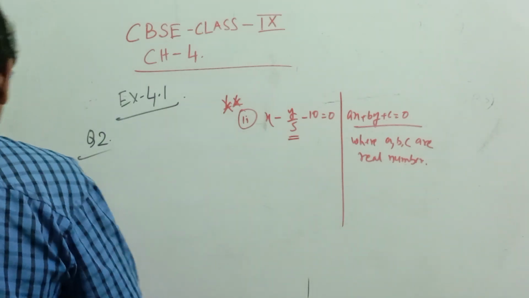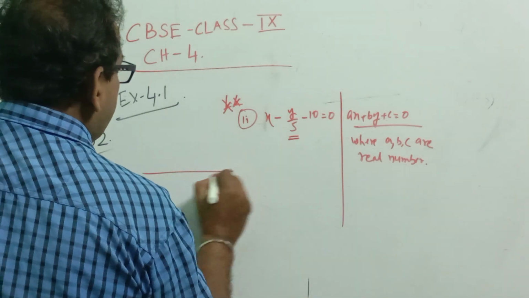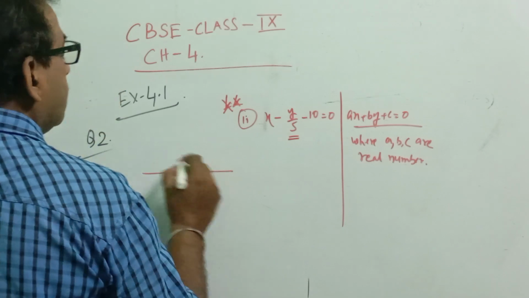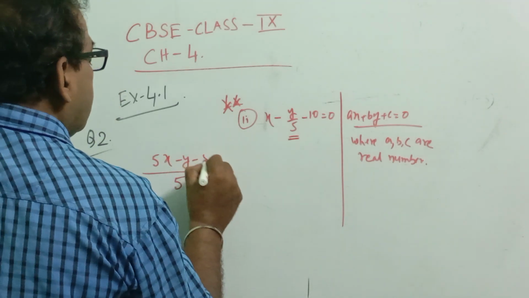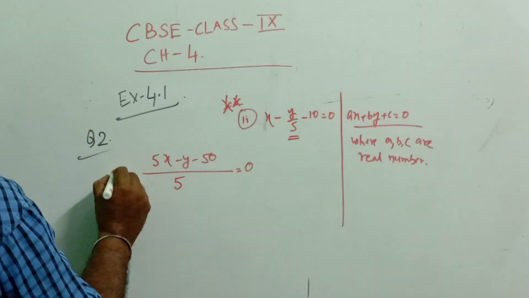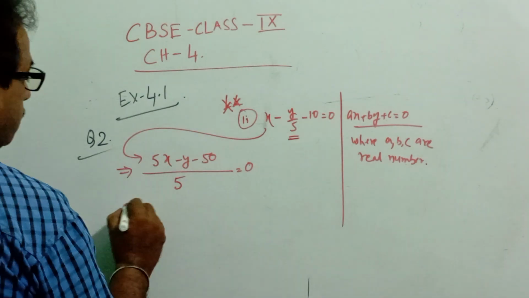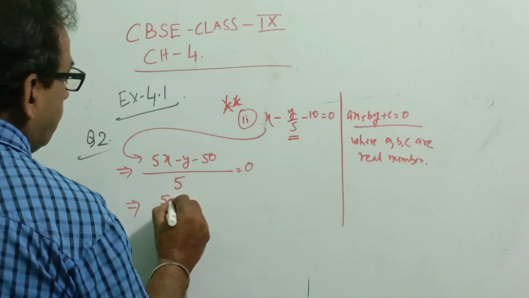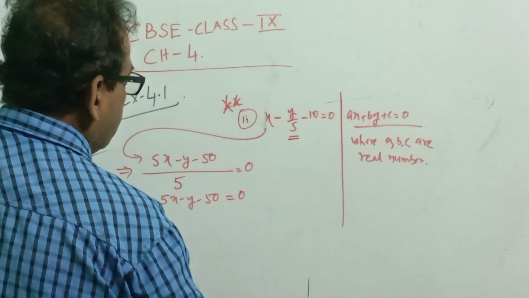We have to write the LCM of 5, that is 5x minus y minus 50 is equal to 0.